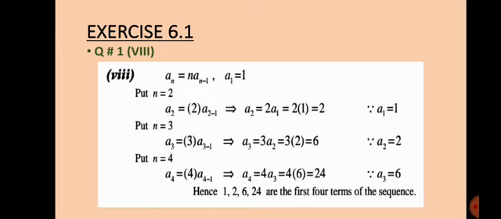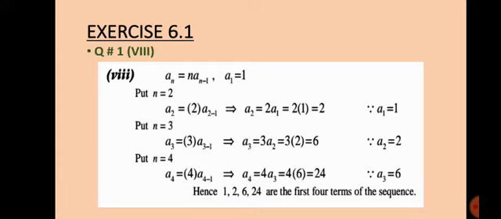Students, we have been given the value of a1, so we will not put n is equal to 1, as we already have a1 in our question as a given. So we put n is equal to 2. When I put n is equal to 2, a2 is equal to 2 into a_(2-1), so a2 is equal to 2a1, and the value of a1 is 1.